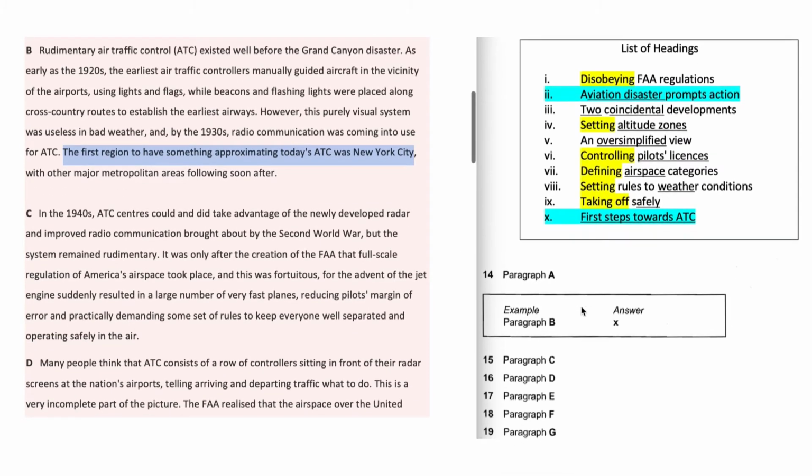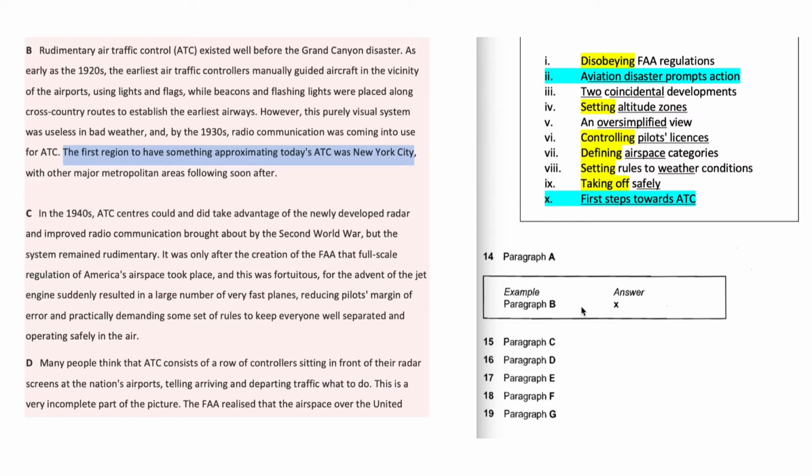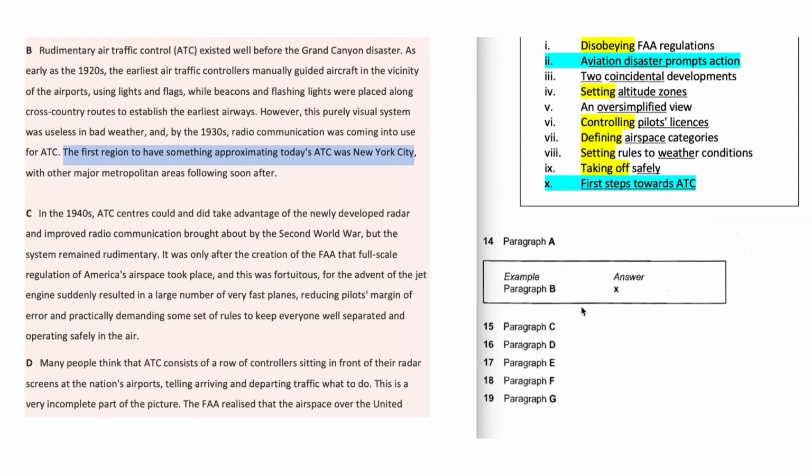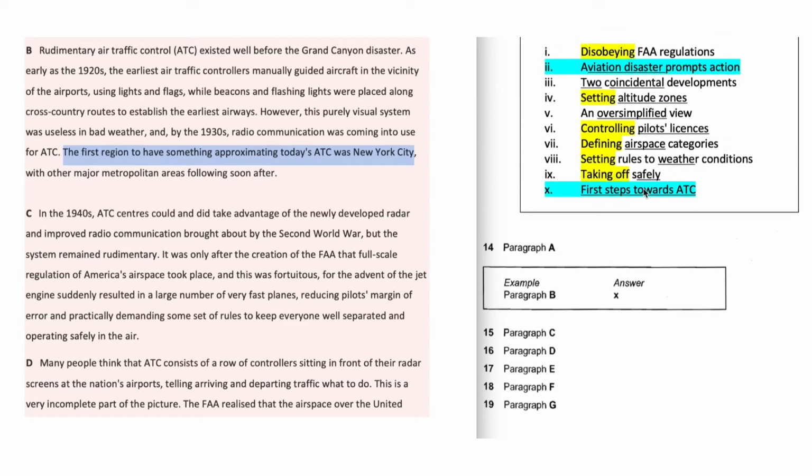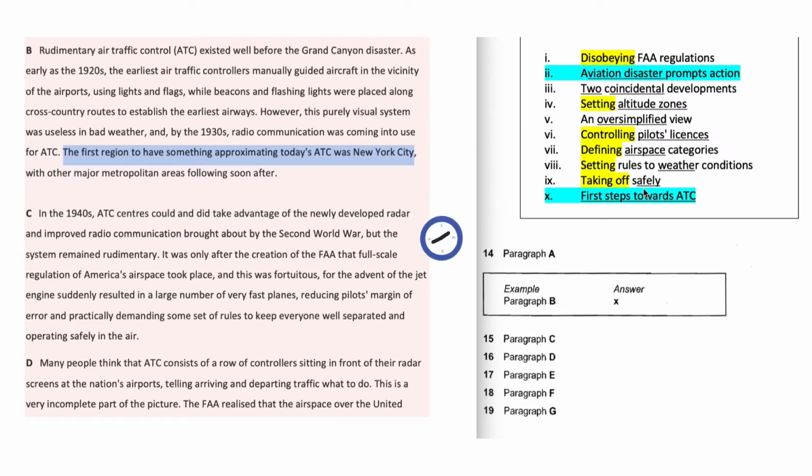Now let's carry on and let's move on to option C. And this time I would like you to spend about 30 seconds reading paragraph C, and then we'll go and have a look at the options.